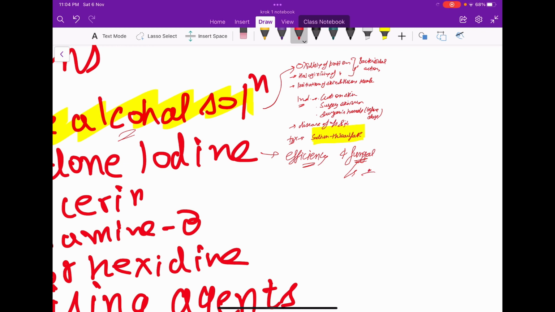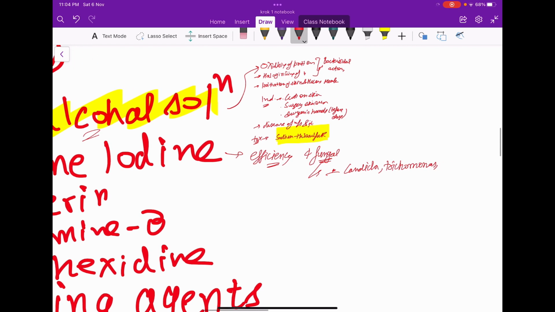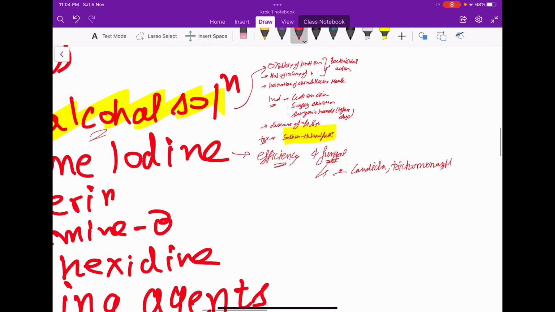So it's the topical effect again: for candida, trichomonas, and mixed infections. Okay guys, it is contraindicated in patients who have thyroid diseases or who are taking thyroid medication.